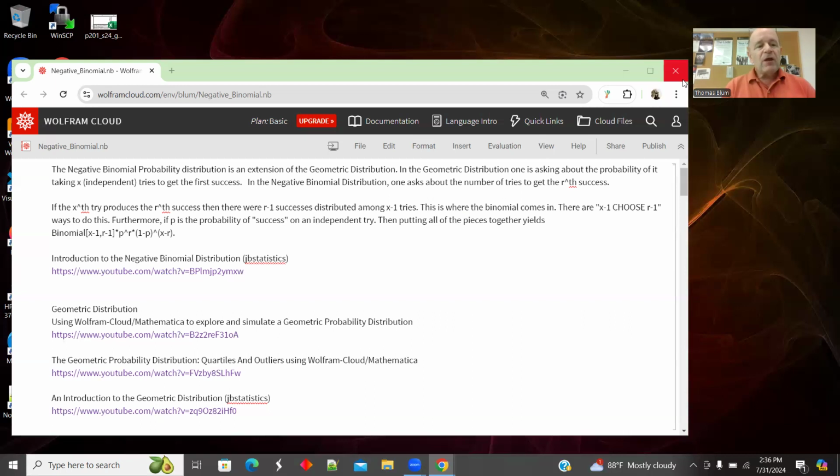Now, if it's the X try that gives you your rth success, then we know that last one was a success. So we're going to pull that out. Now we're looking for the probability for there to be R minus 1 successes distributed among X minus 1 tries.